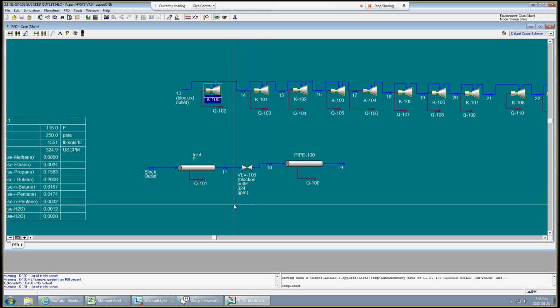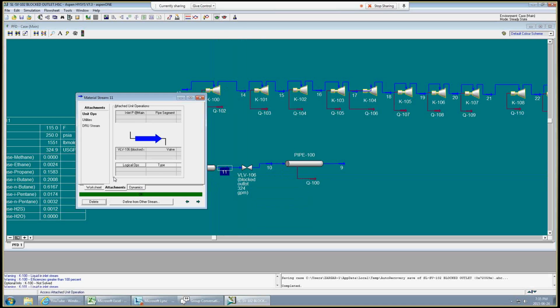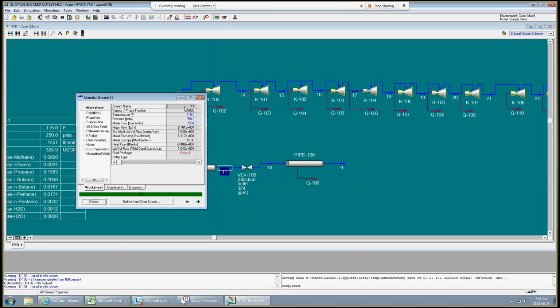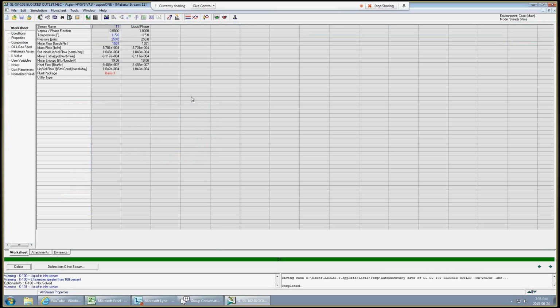I'm going to explain adding a property table in a second, just after I define the inlet and outlet streams to the PSV. So this is our PSV for the blocked outlet, and the inlet stream is stream 11. We define the temperature, relieving temperature, relieving pressure, and either molar flow or volumetric flow, as well as the compositions.